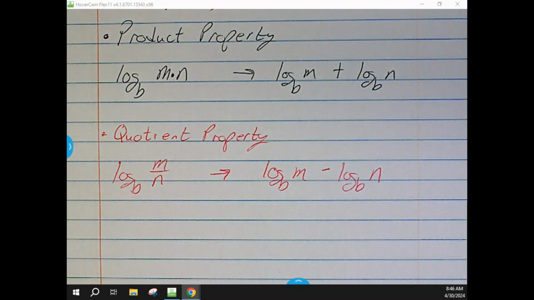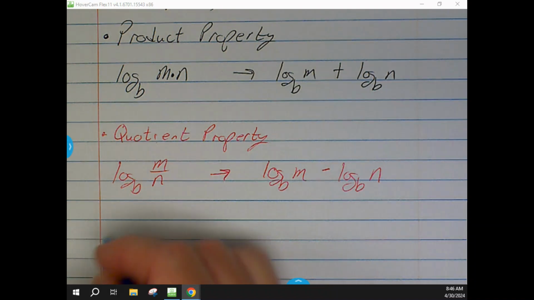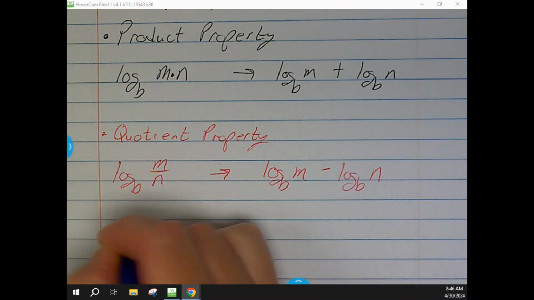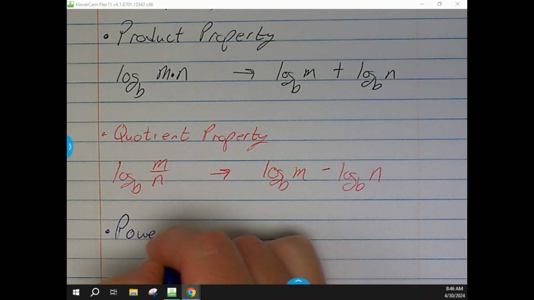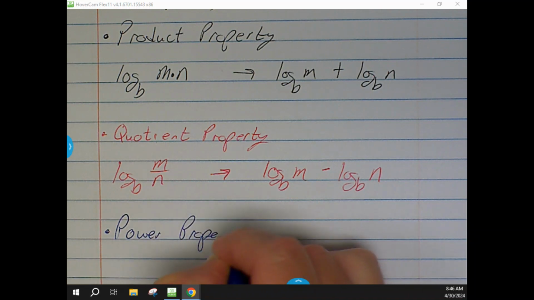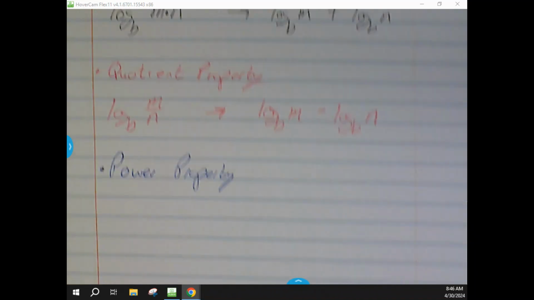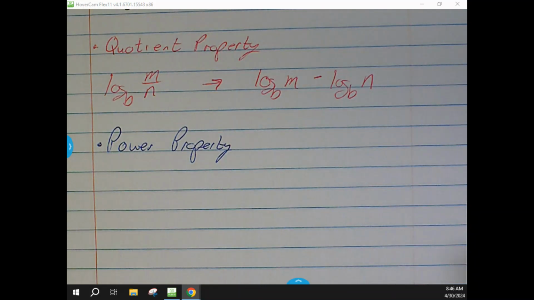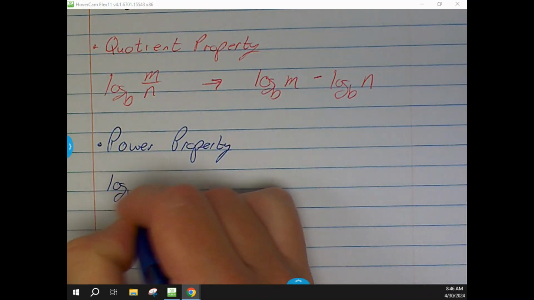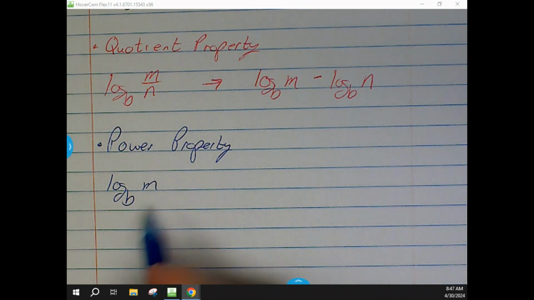Okay, and the third property, and there's only three that we're looking at. The third property is an expansion property, but you don't rewrite it with the word log written a couple of different times. It's just a different way to do this one. This one's the power property. It's still log of m, still base b, but now you have m to a power, so it's m to the p power.